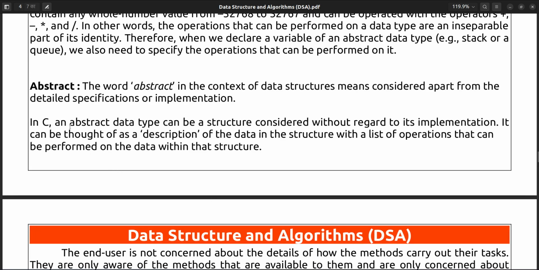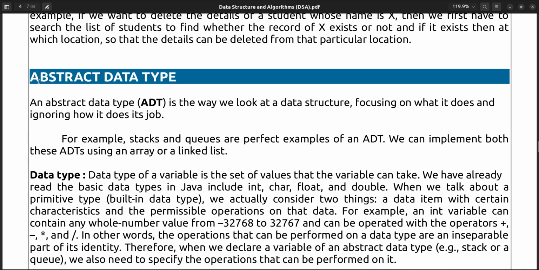So simply in C we have a structure, we can define structures, and operations we will define separately. But in Java, how will we do it? We generally define interfaces. That is 100% abstraction. So in the same way, abstract data type means whatever data type we specify, we must define the operations. Okay.